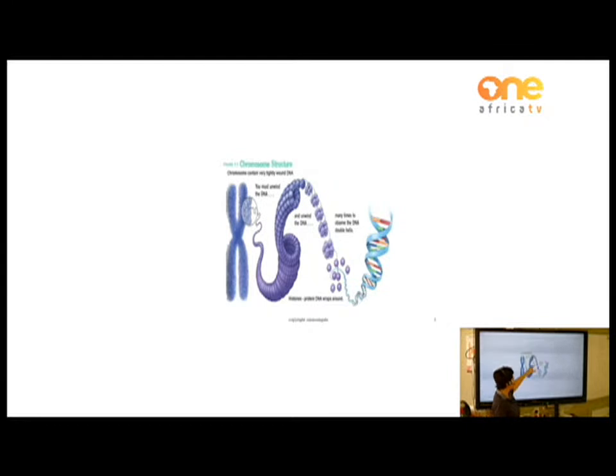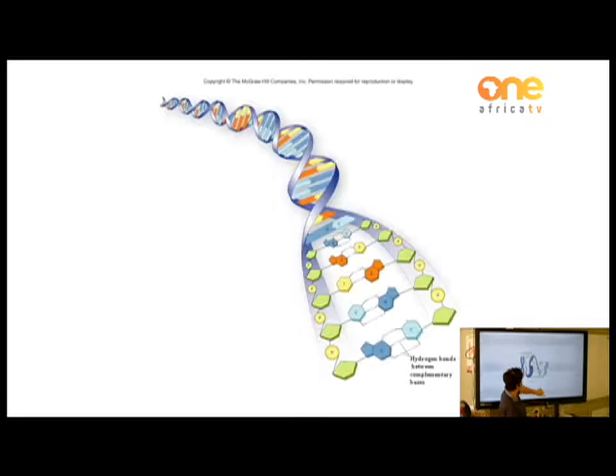And if I get to the smallest piece of DNA, I see DNA is a double helix, and this double helix consists of a backbone with a pentose sugar and a phosphate group.